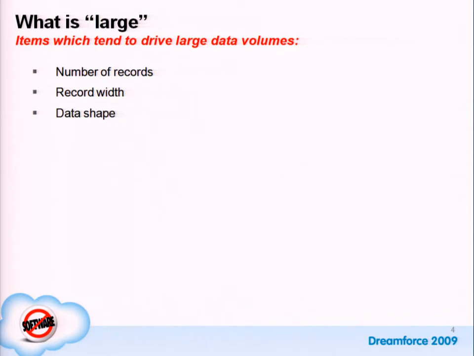Having 500 fields can drive a whole lot of data. Next item is the shape of the data. You could have anywhere from a 2-character abbreviation for a state up to a 32K large text area field. You can see how having some 32K large text area fields could pretty quickly drive some volume in your instance.